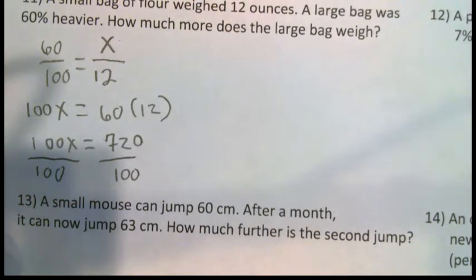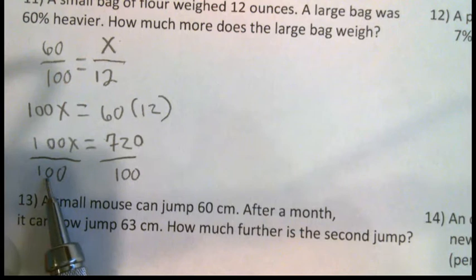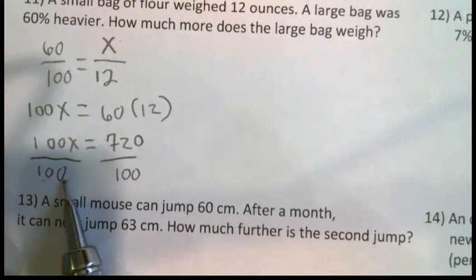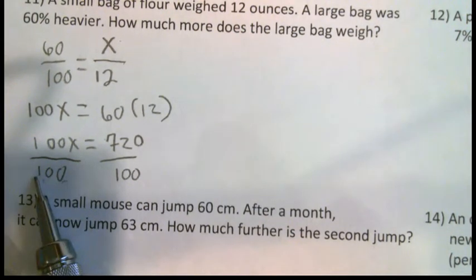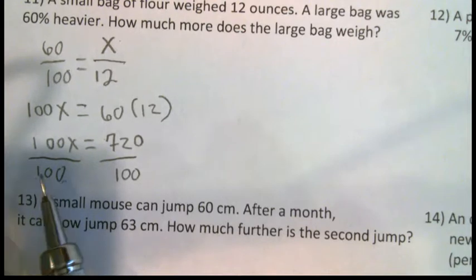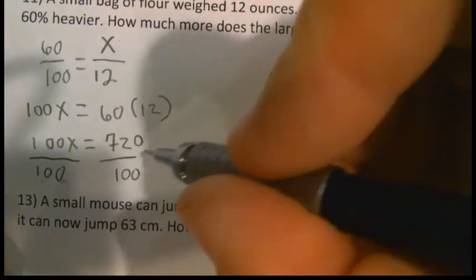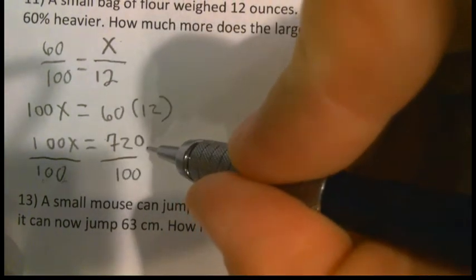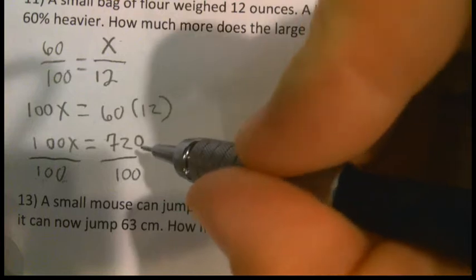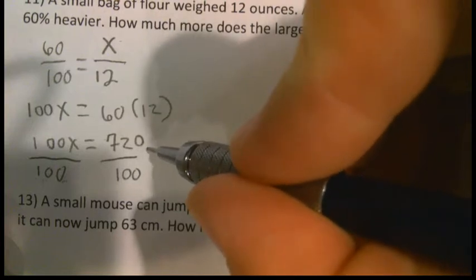Now the trick to dividing by 100 is you can move the decimal spot by however many zeros there are. So if you have 1 followed by a set of zeros, the number of zeros is how many times you move the decimal. Since there's 2 zeros, we can move the decimal spot 2 times. It's currently right here to the right of the 0.